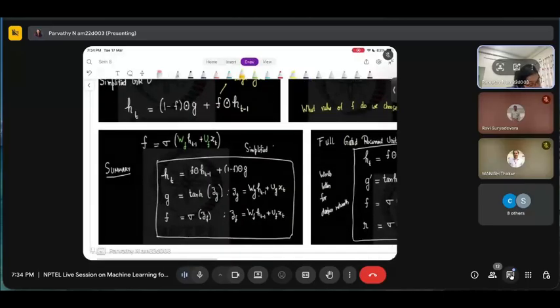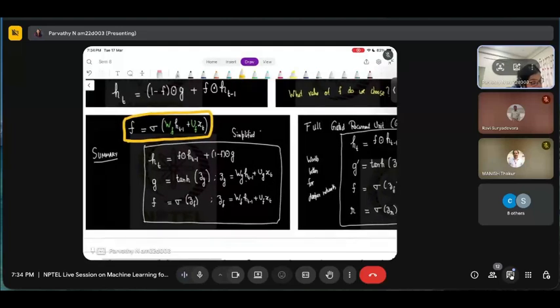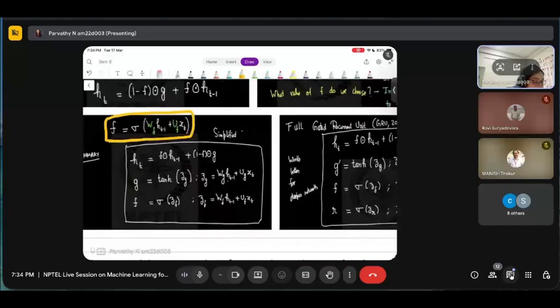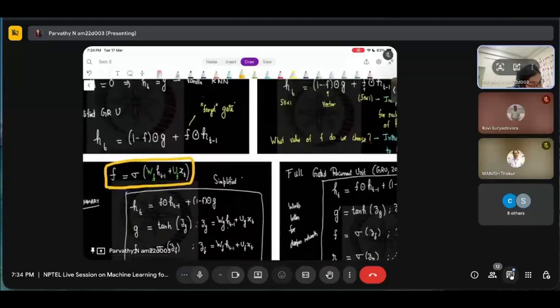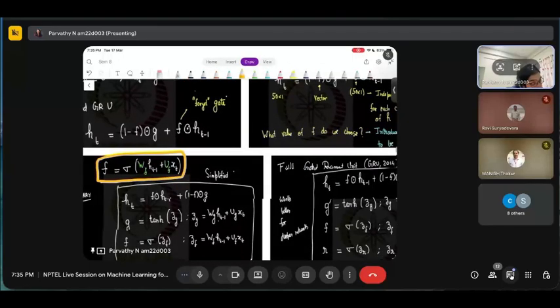The lambda value is found by taking the sigmoid of WF ht minus 1 plus UF xt. So this is the simplified gated recurrent unit, and this f which is used here is lambda, and that is called the forget gate.